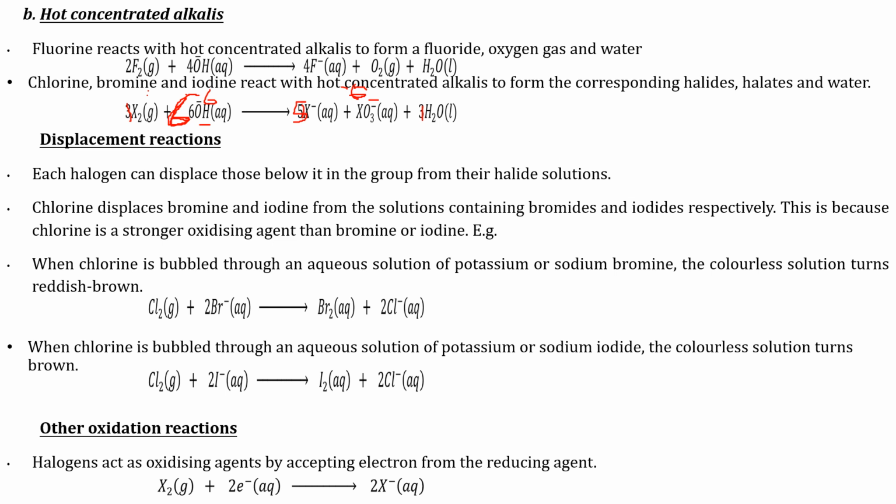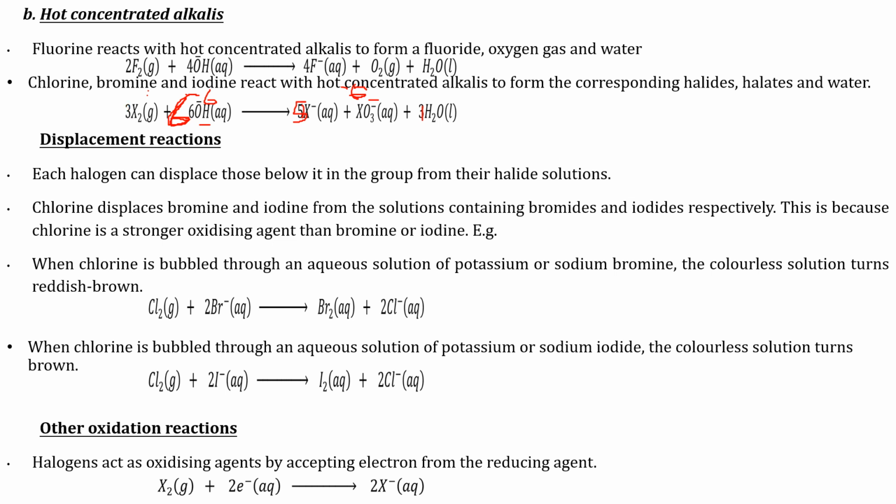So you find that there's 5 X ion, like I've told you, it can either be chloride, bromide, or iodide. And this 5 plus this one here, the sum will be 6. So we go to this side so that we can get a 6 too.